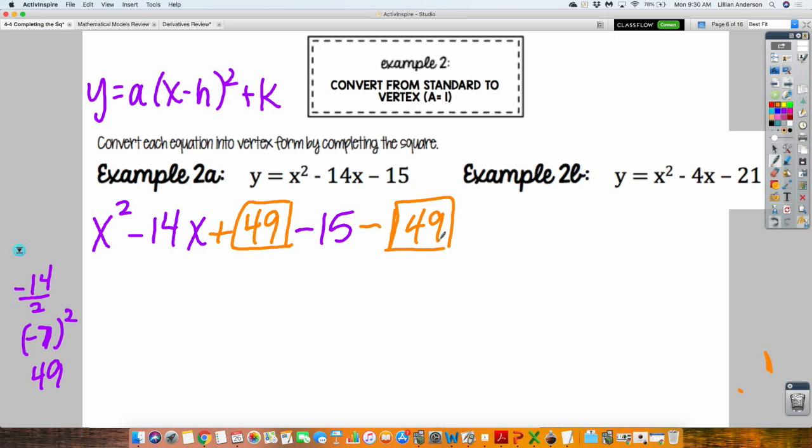Is everyone okay so far? Now, remember, this first part is a perfect square trinomial, which means it can be written in the form of x plus or minus a number, squared. What is that number? Negative 7. So I have (x minus 7) squared. And what's negative 15 minus 49?